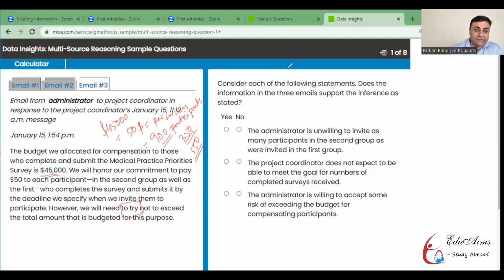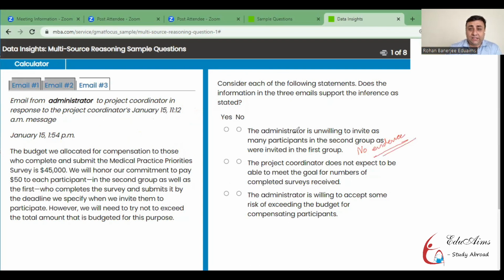Okay, all right. Now let's look at the choices, the statements we have for this. The first statement says, the administrator is unwilling to invite as many participants in the second group as were invited in the first group. No, we do not have any evidence for that, right?